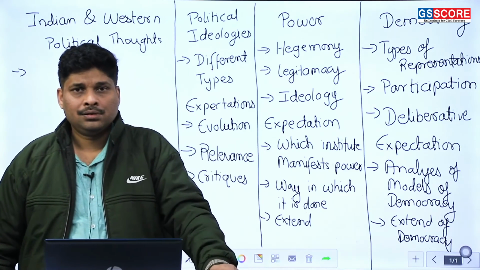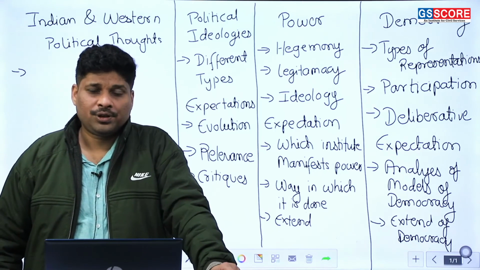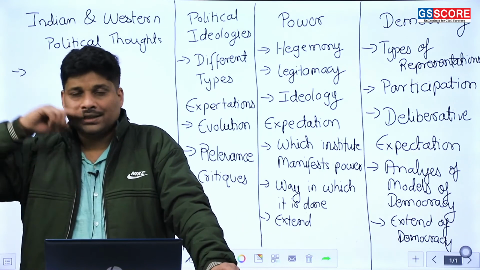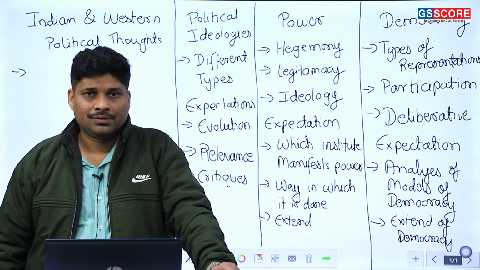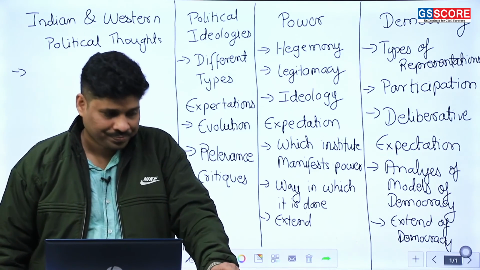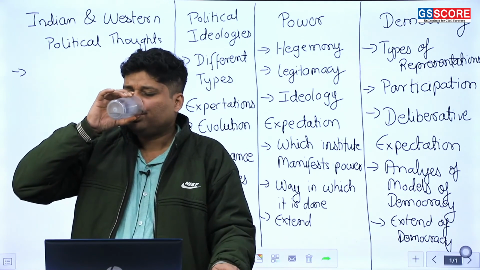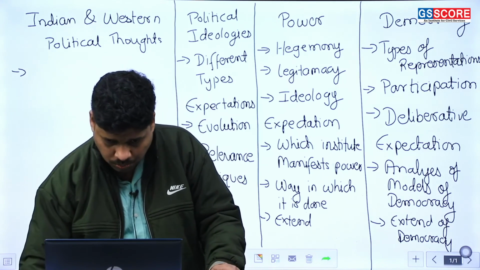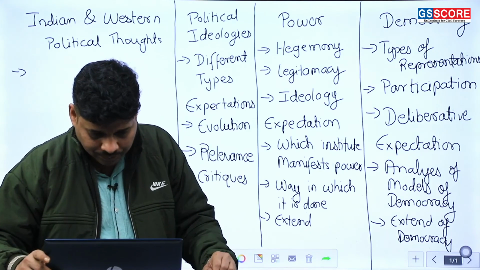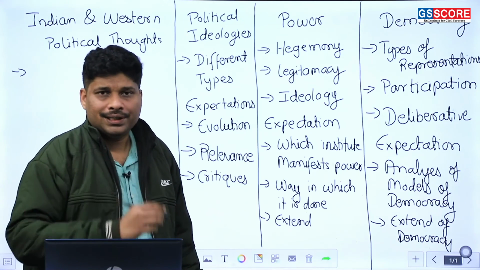Socrates is the Gangotri, the source, of Western political thought, right? If necessary, then connection with Plato and Aristotle becomes important. Now, what has to be basically looked into when you study these thinkers?